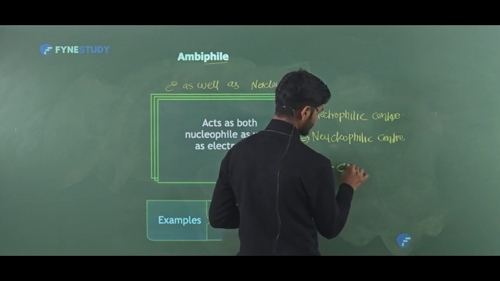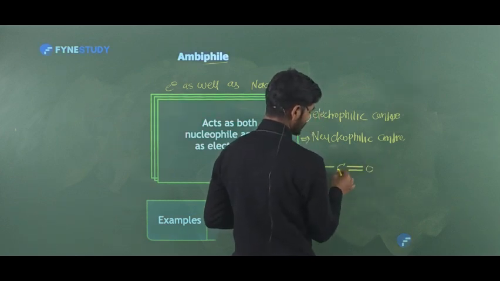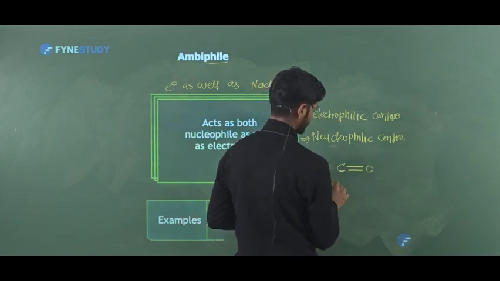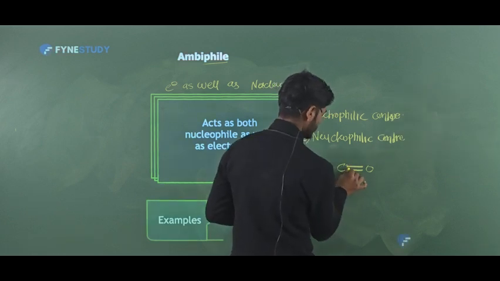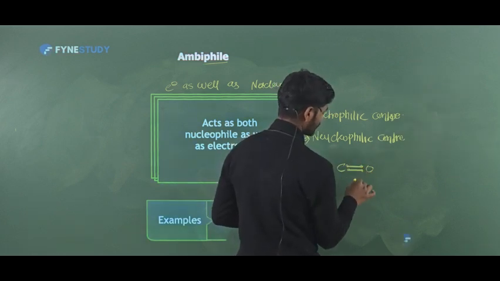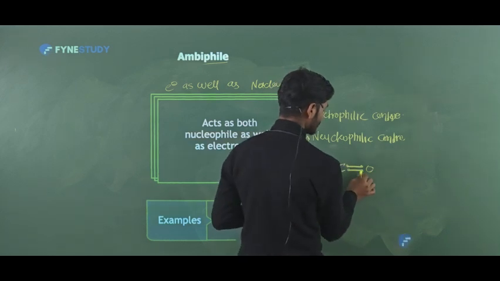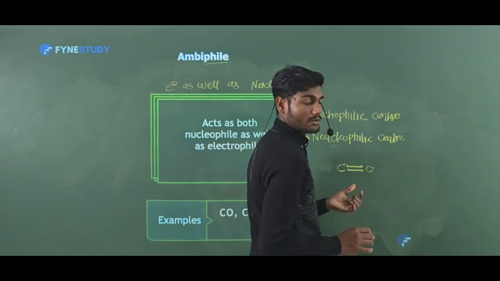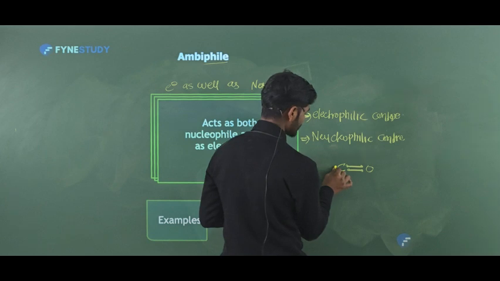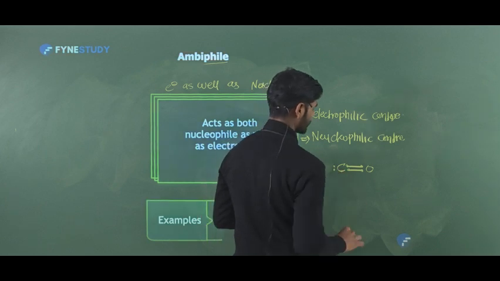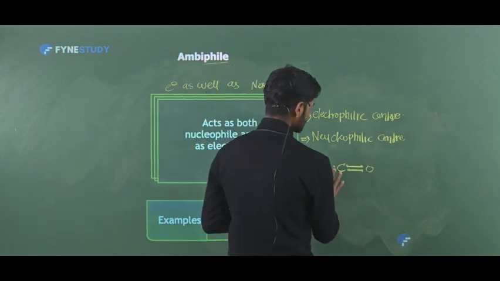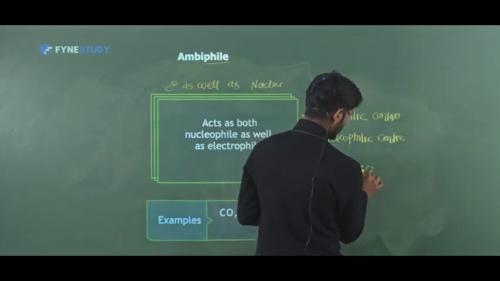So C double bond O. See, this carbon is forming 2 double bonds with the oxygen, so here are 4 electrons. Now it has 2 electrons left. So what will it do?